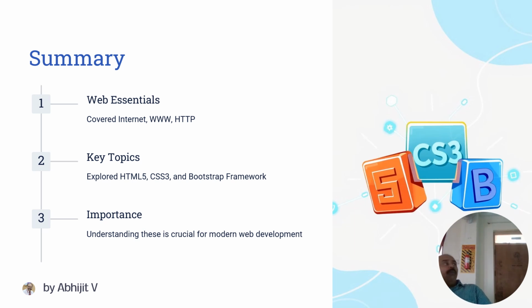Okay, we have seen the basics of HTML5, how to create an HTML5 document, what are the essential tags, CSS files, what is cascading style sheets, and how we use these cascading style sheets. And then we have studied the basics of the Bootstrap framework, how to utilize the Bootstrap framework. So this is a summary of what we have studied so far. This is a summary of the first unit basics.